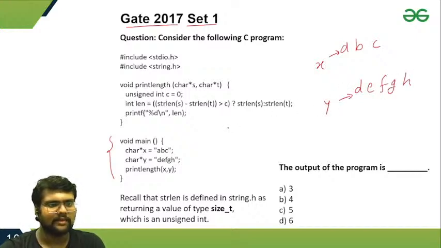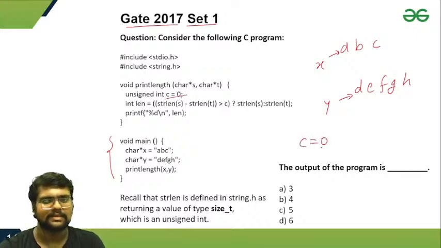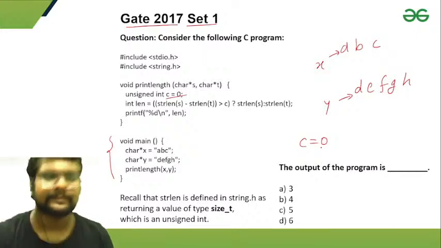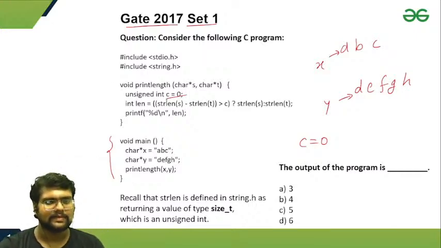Okay, now when we pass this to the print length function, it will come here, and we have a variable c, whose value is c equal to 0. So then strlen will give the length of the string s. Now s is pointing to this, and d is pointing to this, so length of s will be 3.